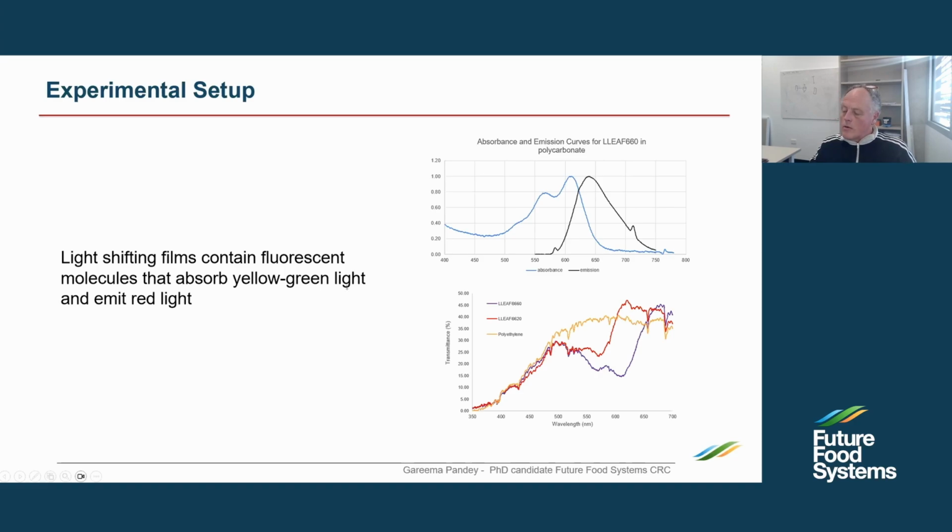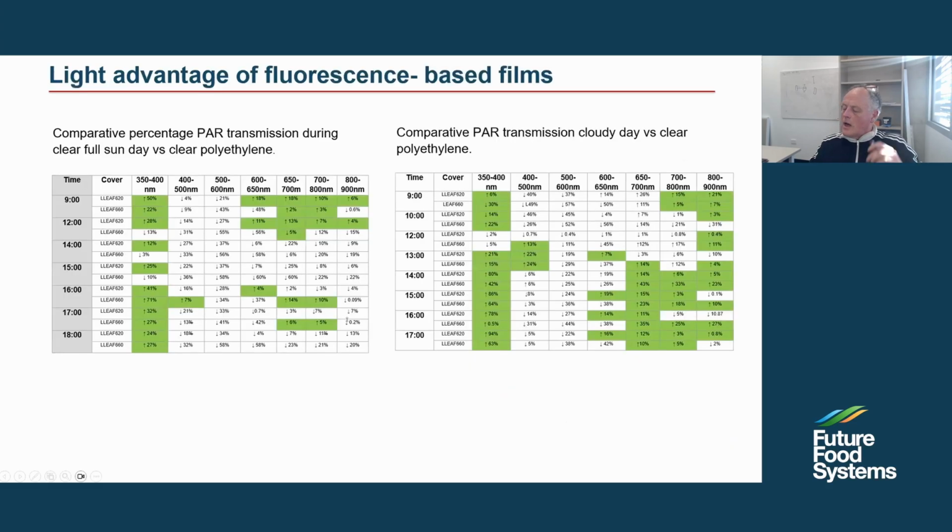Okay, now we wanted to see what kind of conditions were going to give us this advantage. The first indication there's a little bit of an issue with this comes from some careful experiments that Gareema conducted, measuring the light spectrum over a day.